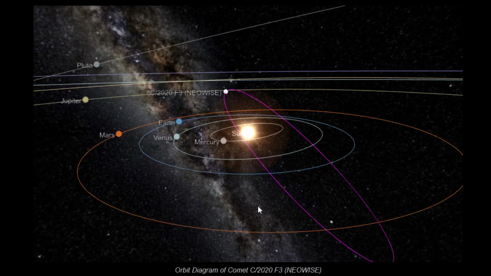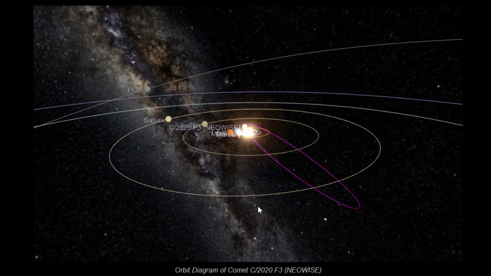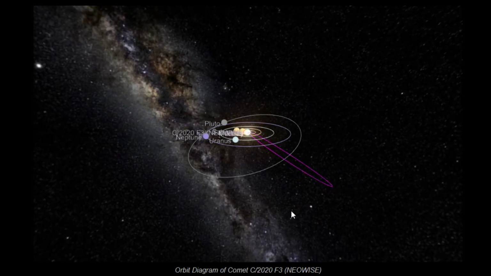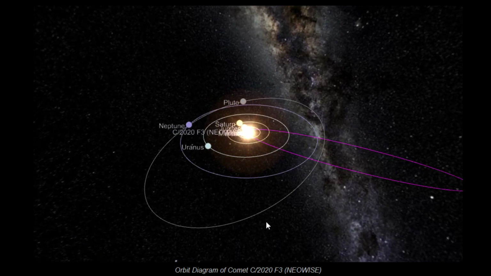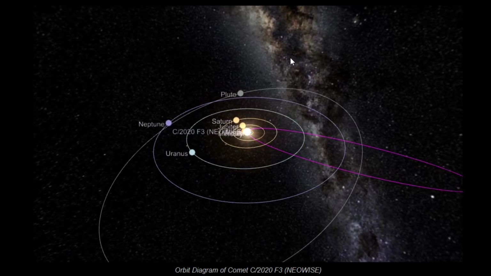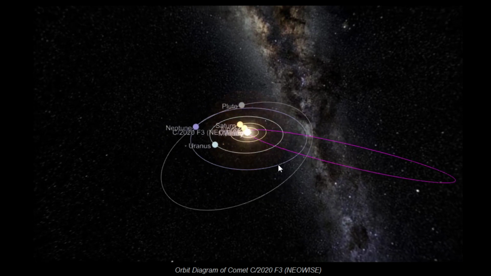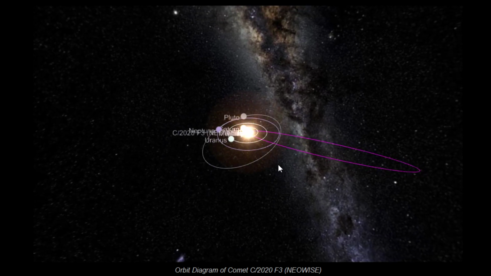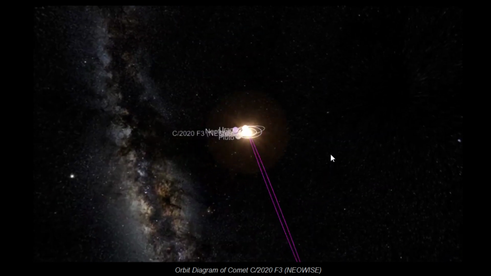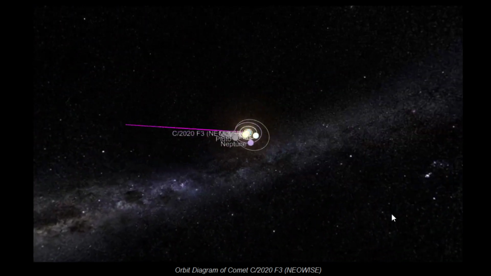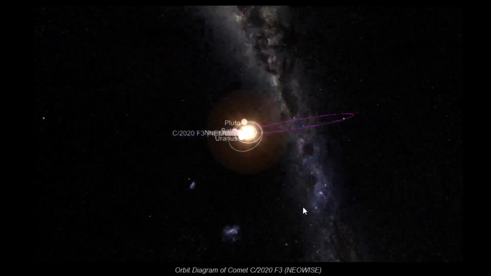But if we actually back out, we see that we're looking at an ellipse that's really quite a distance away. This outer ring here, that's Pluto. Remember, it took us 15 years to get to Pluto at the fastest speed we know how to go. All right. Well, there is the orbit of this comet NEOWISE.